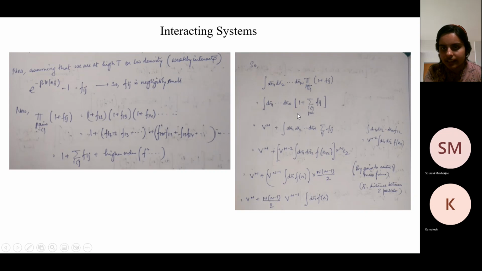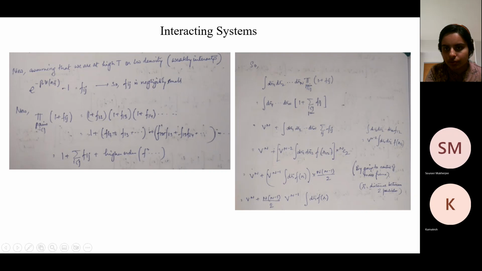And then what we get is the first term comes out to be just the volume to the power N, because it's 1. So if you integrate over all the position coordinates, we get V to the power N. But the second term involves this Fij, and Fij has the information of the potential that we are dealing with.